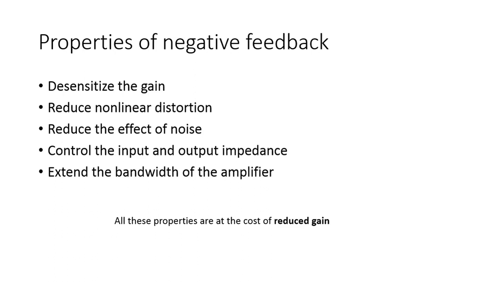Negative feedback controls this input and the output impedance based on the feedback topologies. There are four feedback topologies: series shunt, shunt series, and shunt shunt, that we are going to study in the next topic. Then the next property is the important one: negative feedback increases the bandwidth of the amplifier.